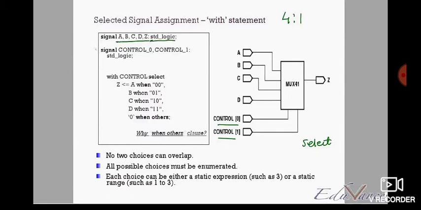I specify my select lines also of type standard_logic. The syntax for with select is fairly straightforward: with my control line I select. Z gets A when both my control lines are 0, 0.